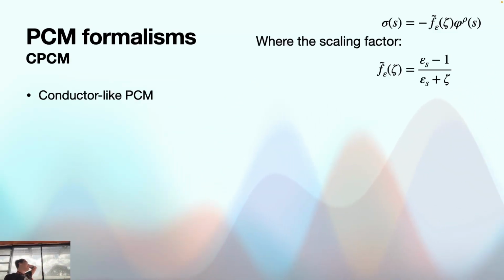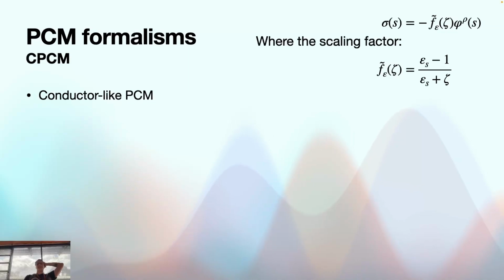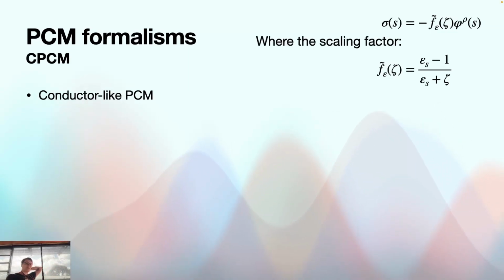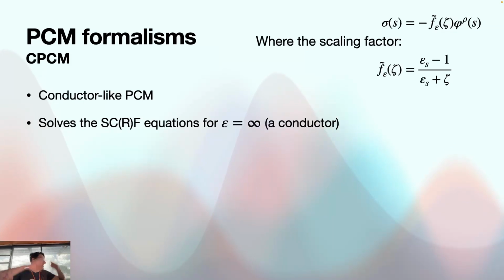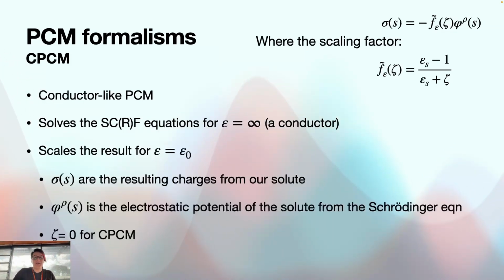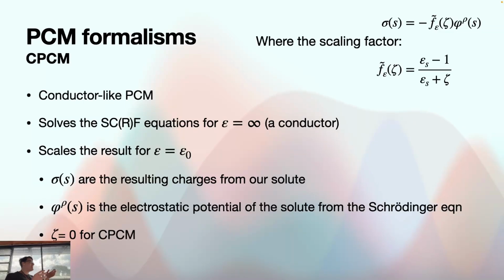We get into the big, heavy lifting one here, though, which is CPCM, or the conductor-like polarizable continuum model. This solves the SCF equations for epsilon equals infinity, so a conductor, and then it scales those for epsilon equals epsilon 0, which is the dielectric constant of your solvent. In this equation, the important part is the scaling factor.